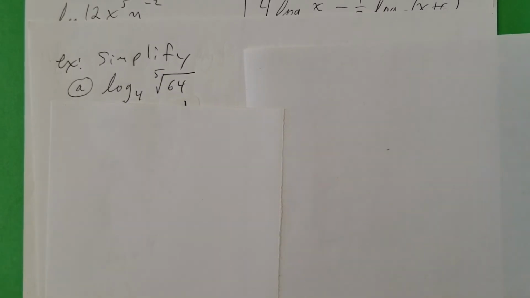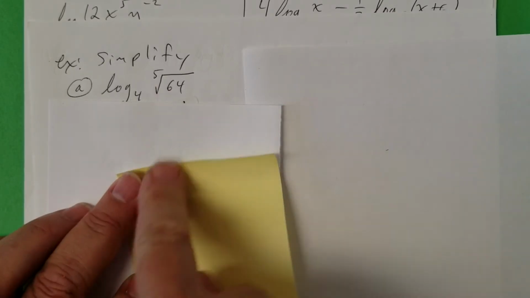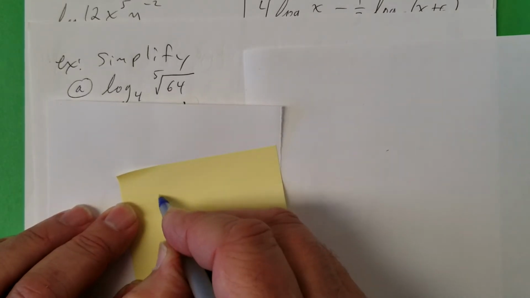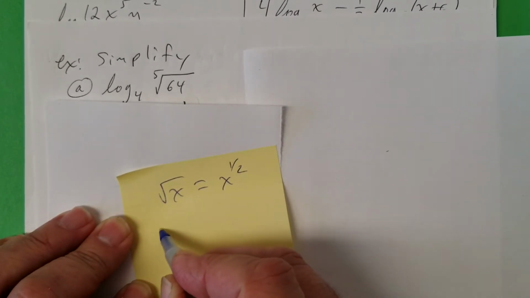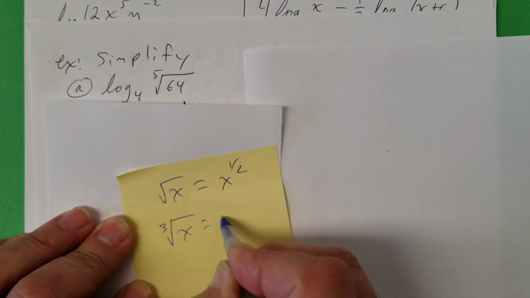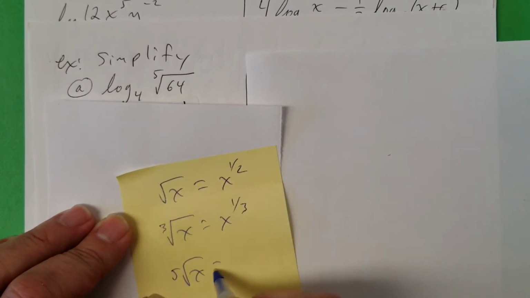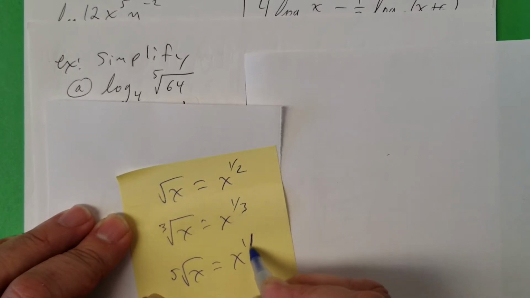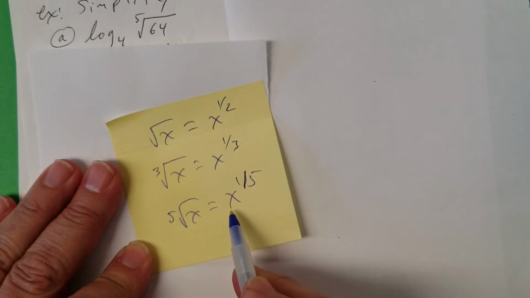What you need to know for this, we talked about once before, but I'll remind you: square root of x equals x to the half. Cube root of x is equal to x to the 1/3. Fifth root of x is equal to x to the 1/5. We can express it this way.